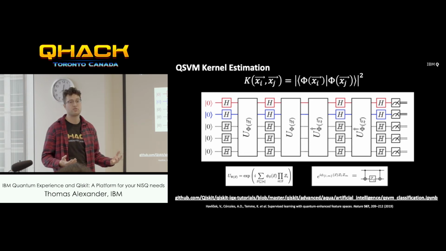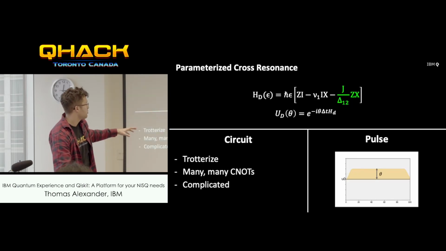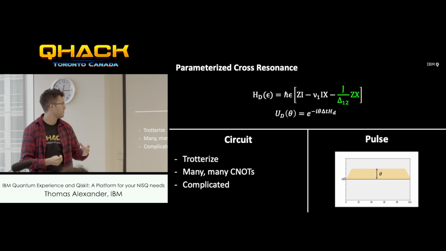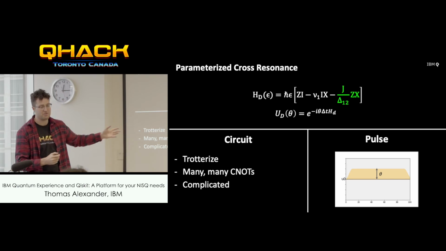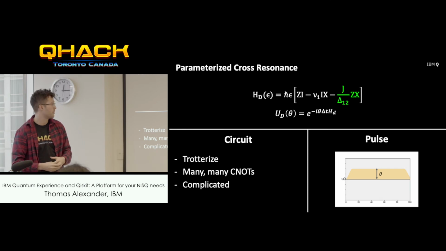So maybe you want to use an operation that's actually native to your hardware to be more efficient. Because if you just want to insert a little bit of entanglement, you really don't have this option other than, say, Trotterizing your circuit, which is going to be very deep, and it's just not going to work on these near-term devices.